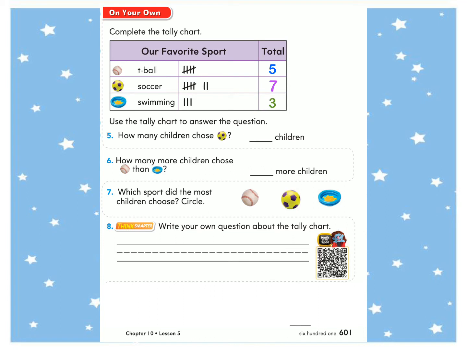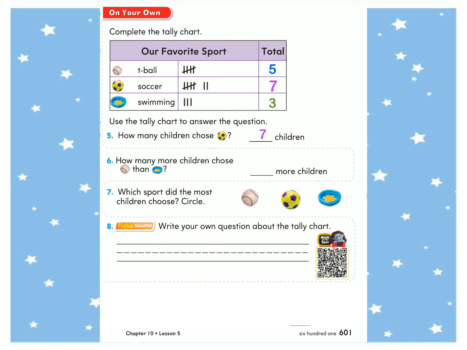Now we will use the tally chart to answer the questions. Question 5 says, how many children chose the soccer? How many, grade 1? Look up in the chart. Wonderful. They are 7 children.